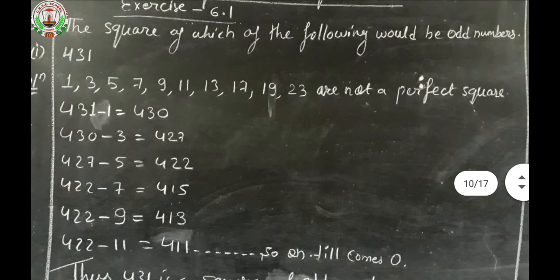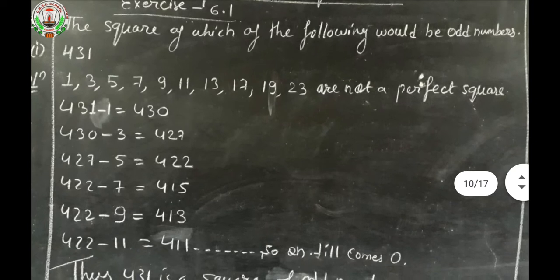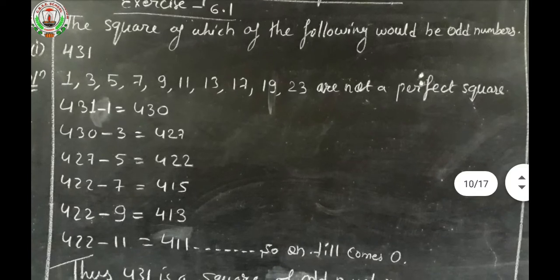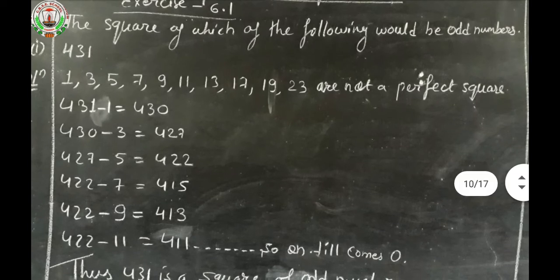So what we have to do? We have to just subtract the number 431 by these odd numbers, okay, till it comes 0. We'll do the question, then it will be clear. So all the odd numbers will be subtracted from 431 till 431 is converted into 0.